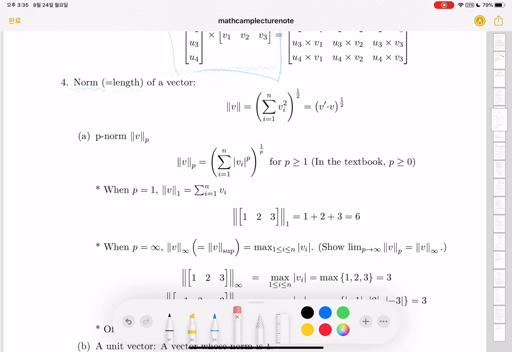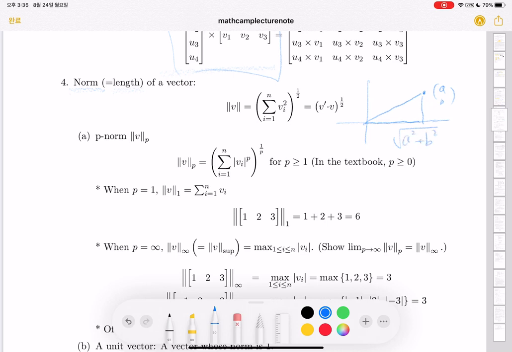Euclidean length is this. For a vector here, (A, B), the Euclidean length of this vector is, by the Pythagorean theorem, the square root of a squared plus b squared.